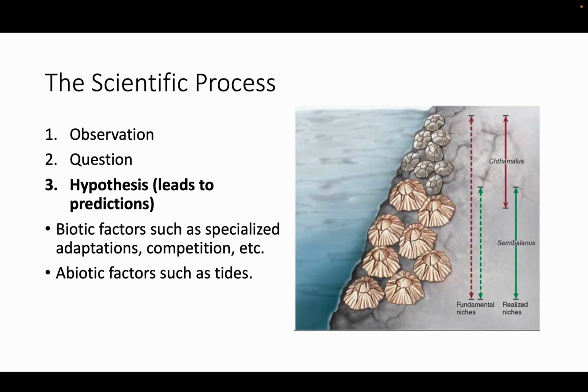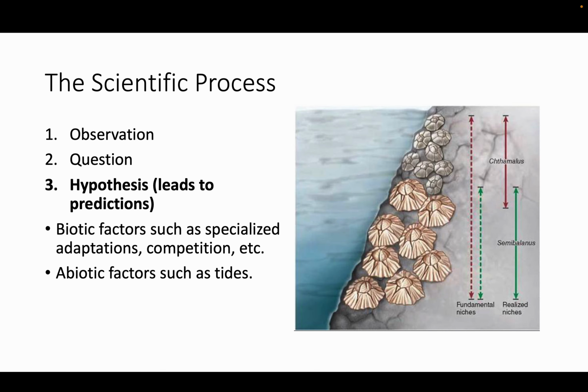Some hypotheses could be that there may be some specialized adaptation that can allow for the Chthamalus to survive in the top part of the rocks and the Semibalanus to survive in the lower portion of the rocks. So it could be that each animal had a specialized adaptation.